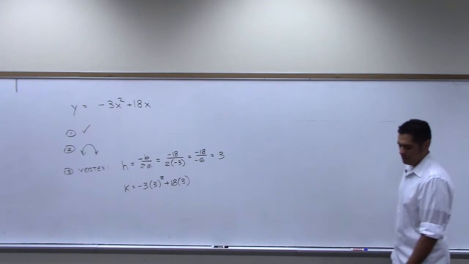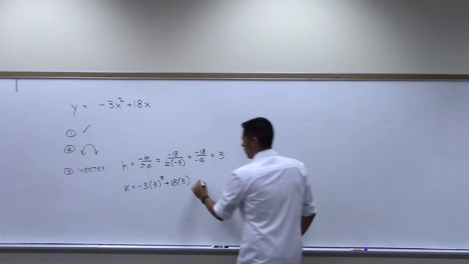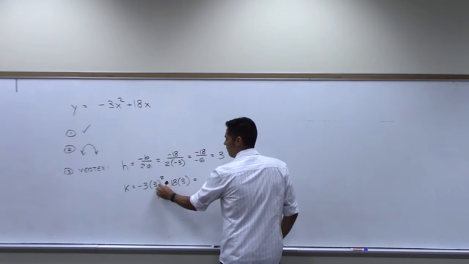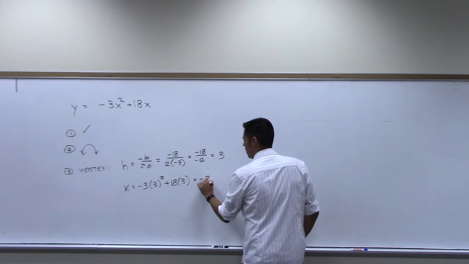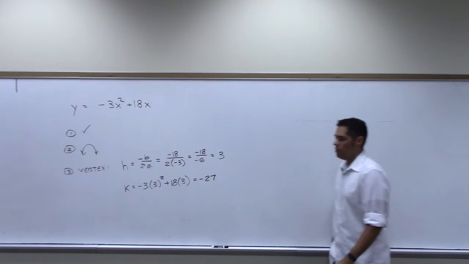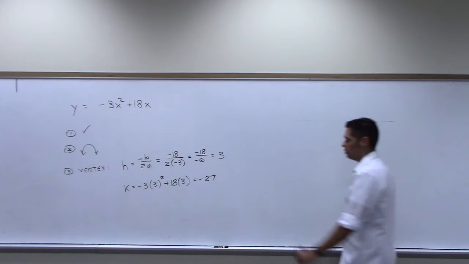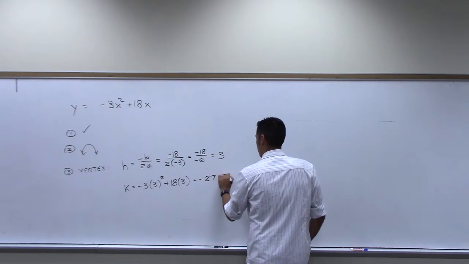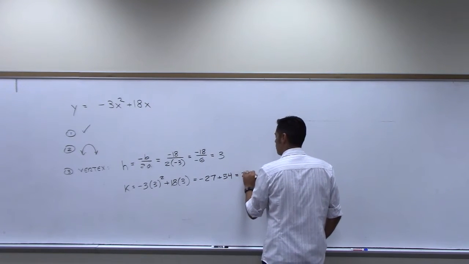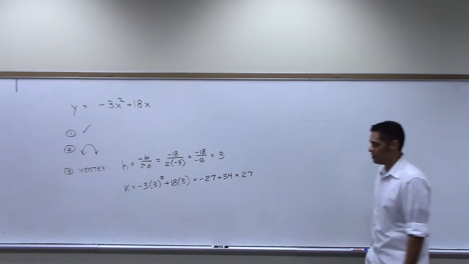What do you have there? 3 squared is 9, right? 9 times negative 3 is negative 27. What's 18 times 3? 54. So if you take negative 27, you add 54, you get 27.